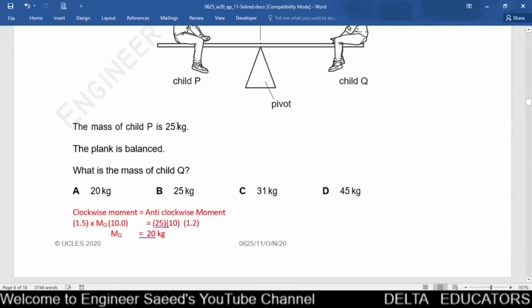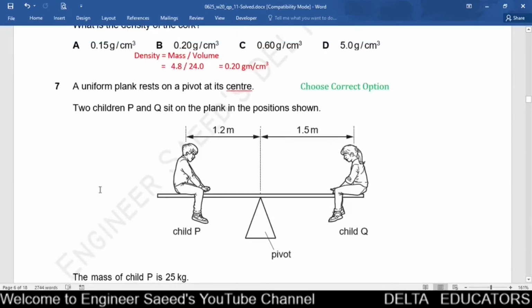Now mass of child P is given as 25 kilogram. So weight of child P will be equal to 25 multiplied by 10 and moment arm is 1.2 meters. By solving this, we get the mass of child Q equal to 20 kilogram. Now 20 kilogram is given in option A. So the correct option will be option A.